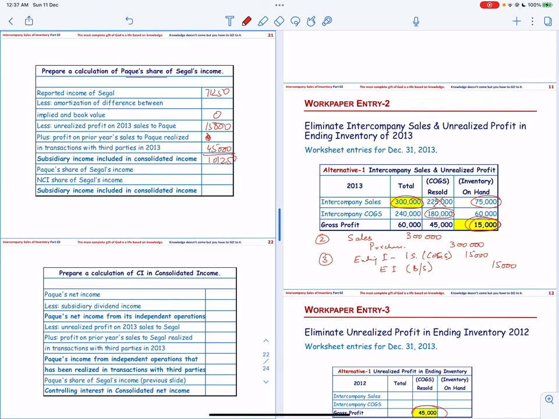Now from this, P's share is 90%, so 90% is 91,125, and the non-controlling interest is 10,125, and the subsidiary income included in the consolidated net income will be 101,250.